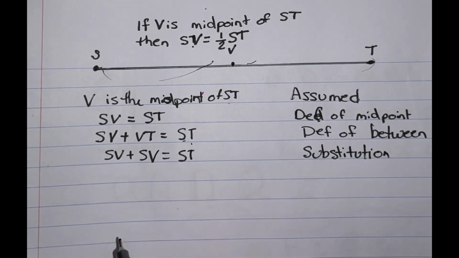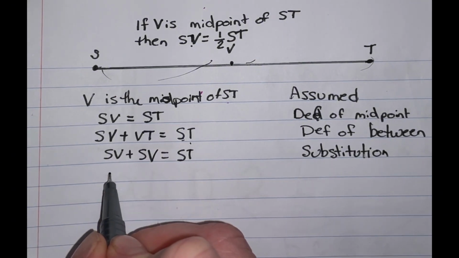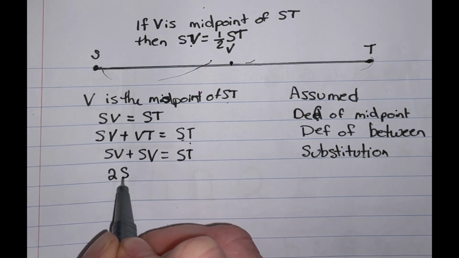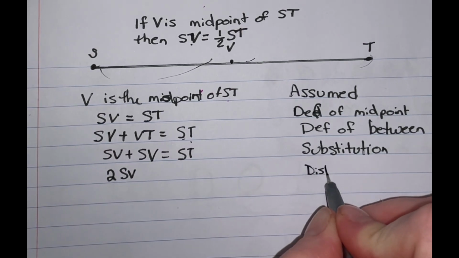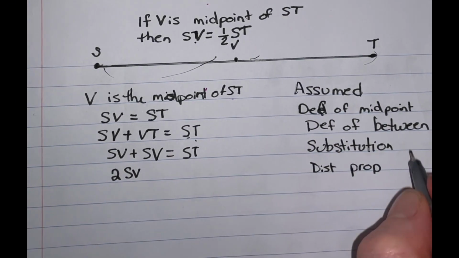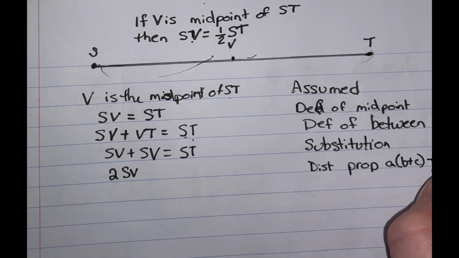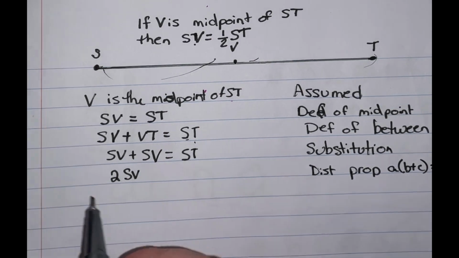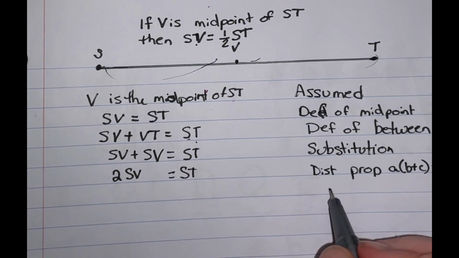Now we're going to do the distributive property. So we know that 2SV, because we're doing the distributive property, and remember that is when we have A(B plus C) equals AB plus AC, kind of the same thing. So we know that 2SV equals ST. That's the distributive property.